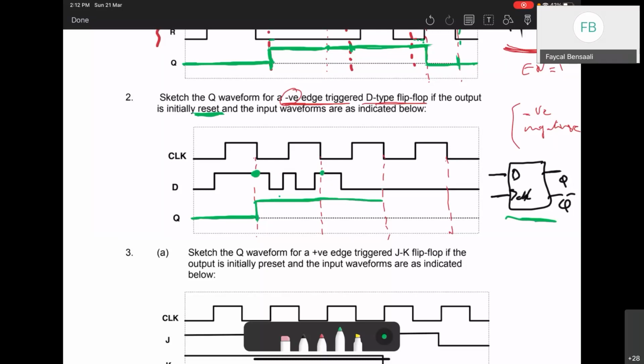D is 0, so it stays 0. The next falling edge, D is 0, so again it stays 0. And that's it. For this scenario, this should be the output Q. The flip-flop is very simple. You just look at the rising edges or falling edges, and then Q follows D.